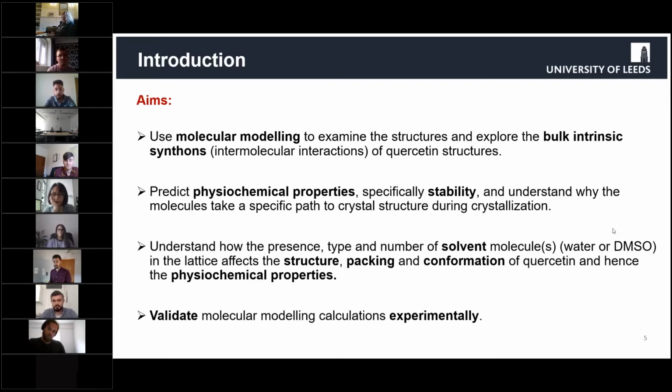We also wanted to understand how the presence and the type of solvent molecules, whether water or DMSO, can affect the structure, the packing, and the conformation, and be in a position to explain those physiochemical properties. Lastly, we use some experimental techniques to validate the molecular modeling work.